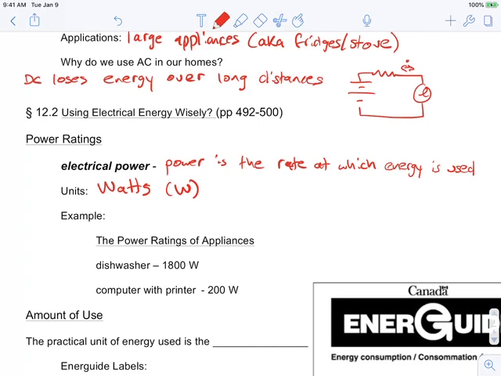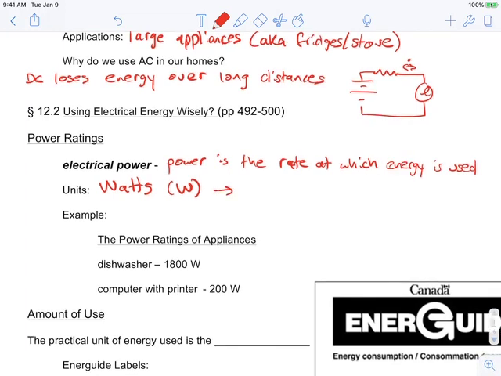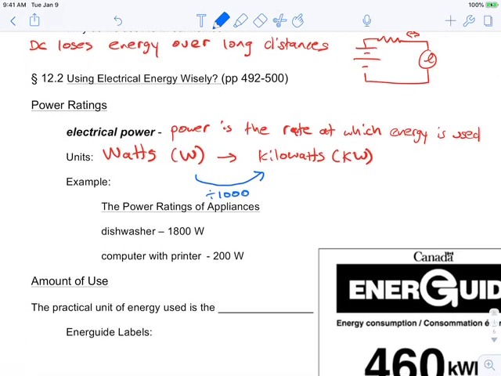Lots of times, though, things are way more than 1,000 watts. So many times, we convert things into kilowatts, just because they're a little bit bigger. To go from watts to kilowatts, which is what we're going to be doing a lot of the time, you want to divide by 1,000. So you should be able to try that with these two things down here. We're going to go from 1800 watts to kilowatts.